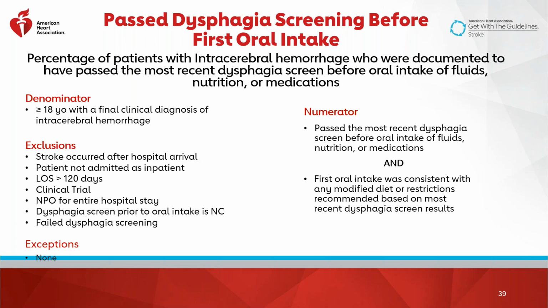All of those cases, the patient would be out of this measure. But if they pass through all that and they have the dysphagia screen and they pass, then it goes to was the first oral intake consistent with the dietary recommendations, and you make that answer. Coding instructions are outlined when to choose the options in either of those, but that's a two-phase numerator for this.